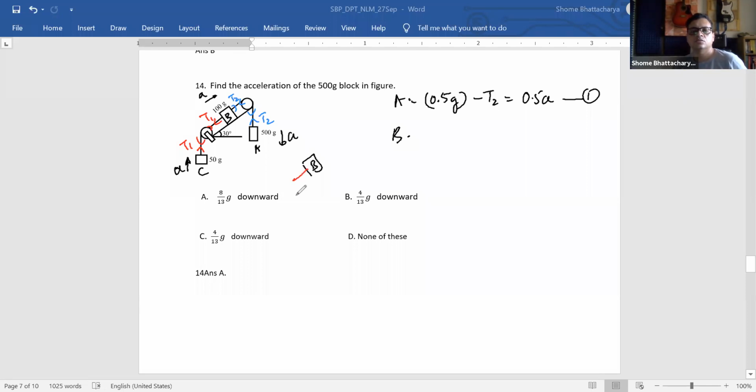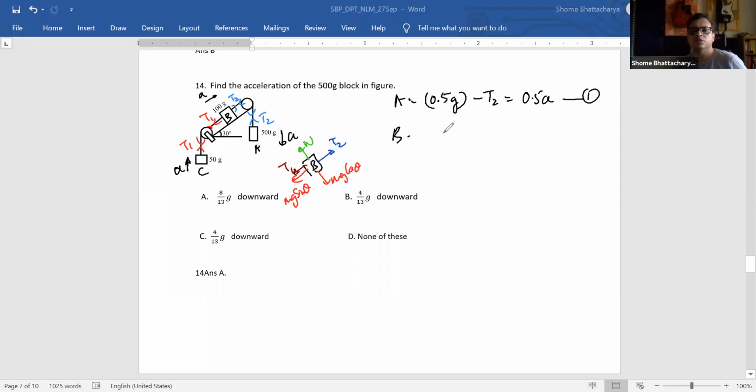So there is also mg sin theta and mg cos theta. And apart from that, there's normal reaction. And then there are these two tensions, T2 and T1. All these forces are there.